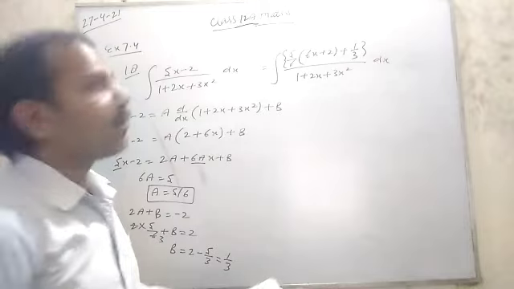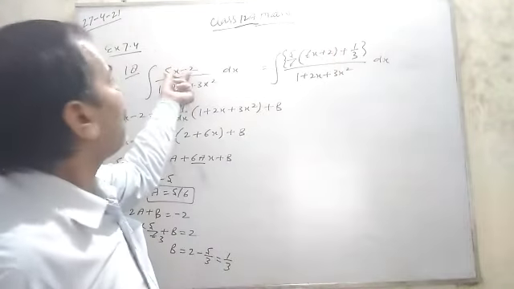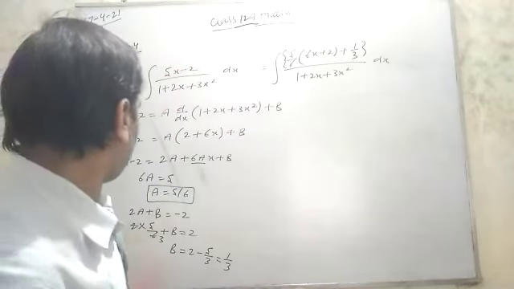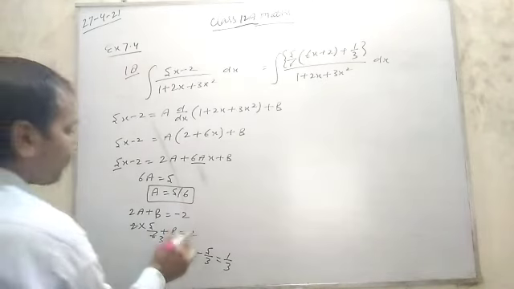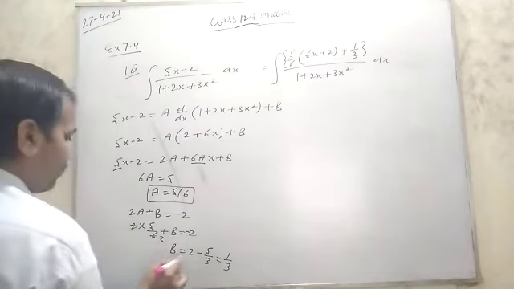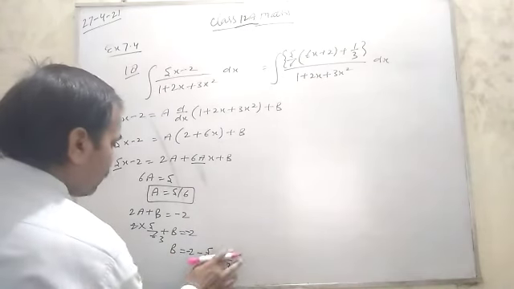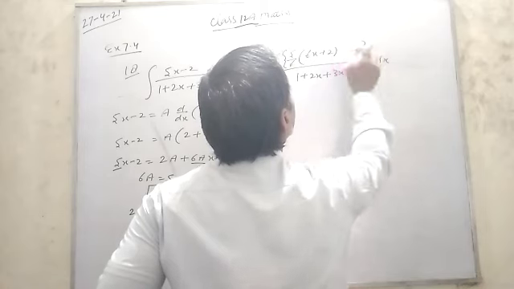And one thing also, when you simplify this, you will get 5x minus 4. So I got this here minus 2, then minus 5 by 3, so this is minus 11 by 3. Sorry for this.